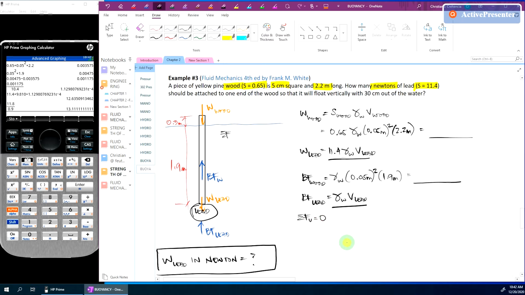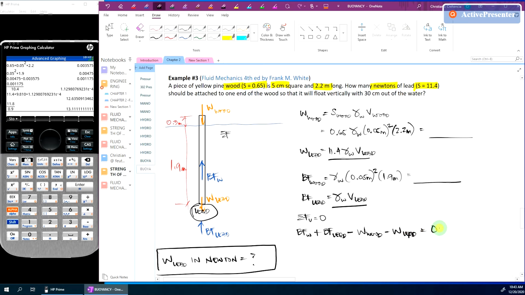And if you take upwards to be positive, then buoyant force acting sa wood plus buoyant force acting sa lead minus weight ng wood and minus ng weight ng lead, then this will be equal to 0.